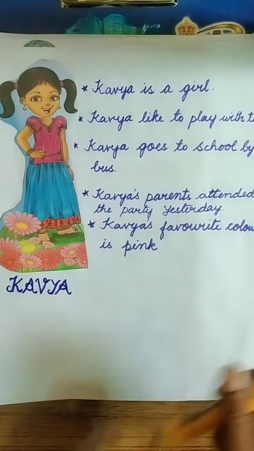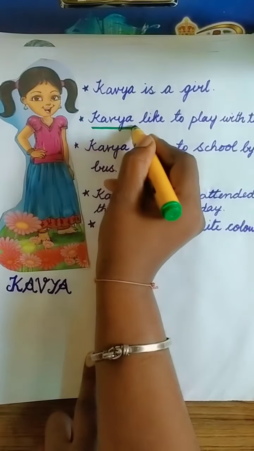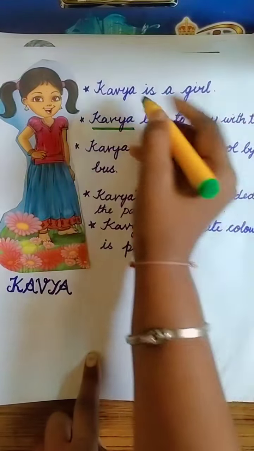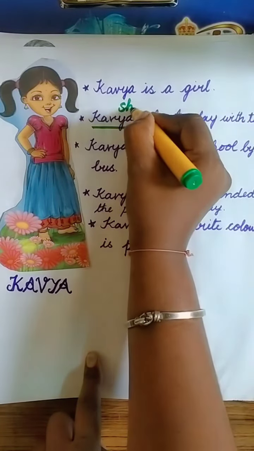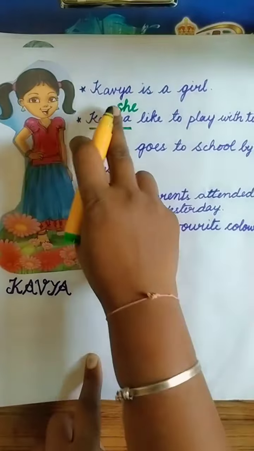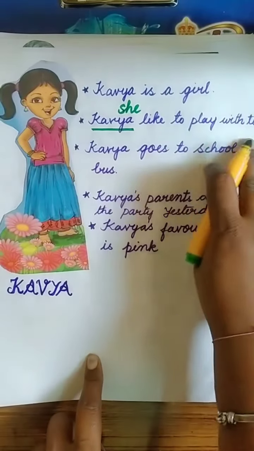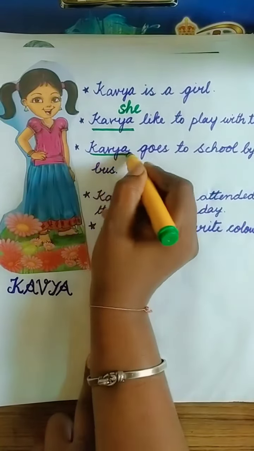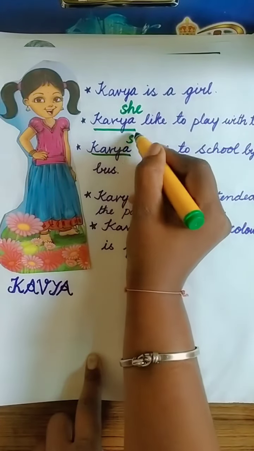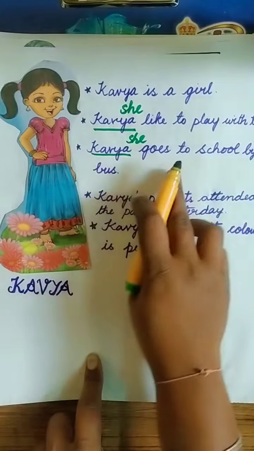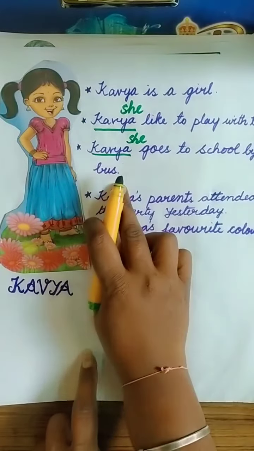So instead of Kavya, in the second sentence, I can replace it with she. She is a pronoun. She likes to play with toys. Then again, here I am replacing Kavya with the word she. She goes to school by bus.